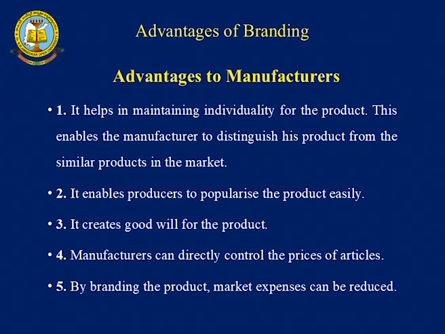It enables producers to popularize the product easily. It creates goodwill for the product. The manufacturers can directly control the prices of the products. By branding the product, market expenses can be reduced. These are the advantages to the manufacturers.